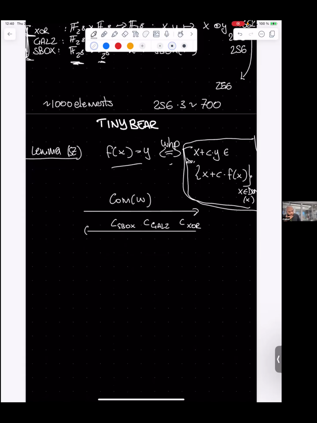So the lookup protocol that we are going to use to prove this part has already been widely used. It's the lookup from Habock, but it was already present in Bulletproofs++ from Liam and others.